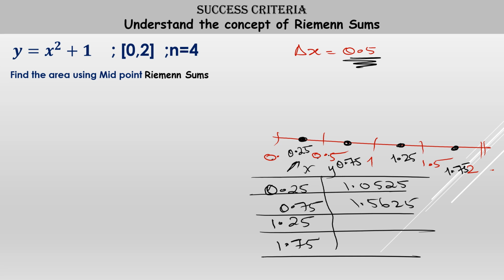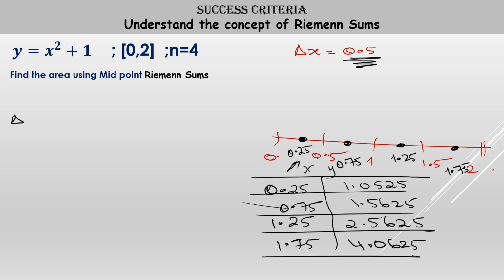When we write 1.25, our answer is 2.5625. And on writing 1.75 as x, I will get 4.0625. You can calculate on your own to make sure that the calculations are correct.